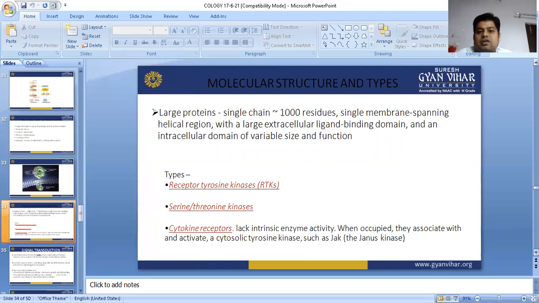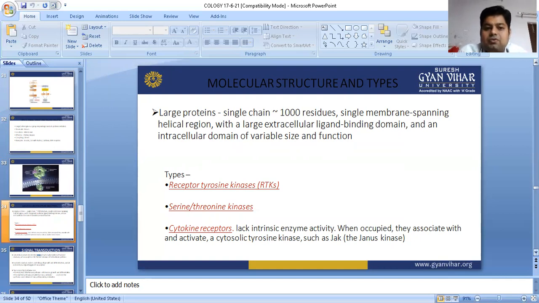Now, molecular structure and types. What is the molecular structure? Large protein, single chain, means thousands of residues, with single membrane spanning helicals and large extracellular ligand binding domains. The intracellular domains vary in size and function.